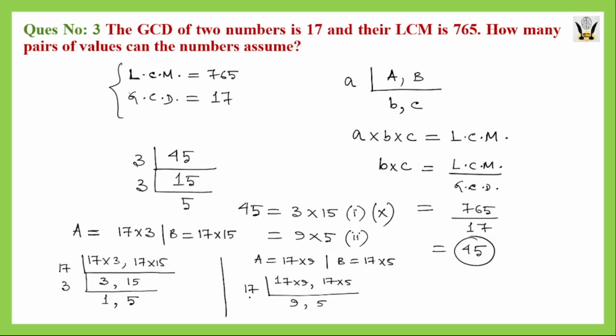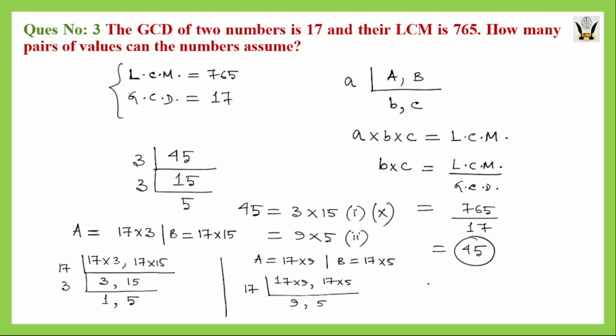So 17 will be in that case the GCD value, and 17 multiplied by 9 multiplied by 5 will be their LCM value. So this possibility is satisfying the information given in the problem statement.